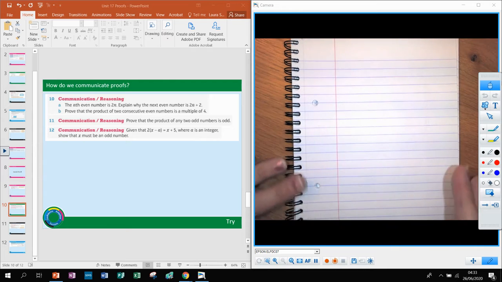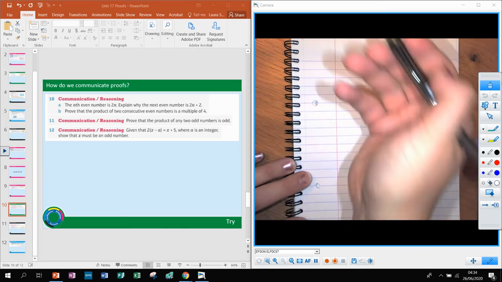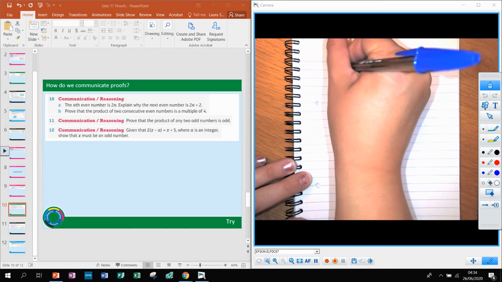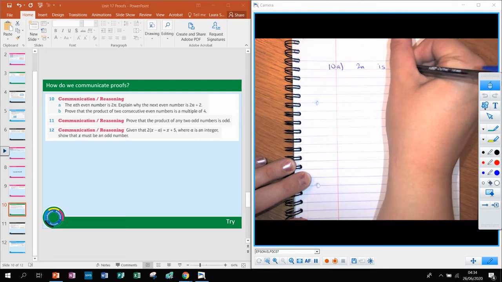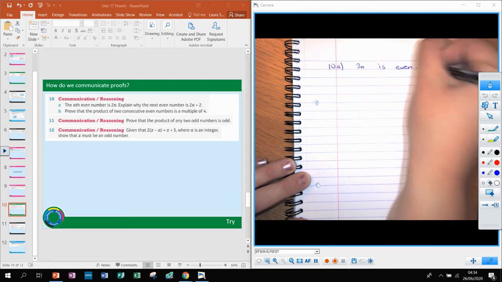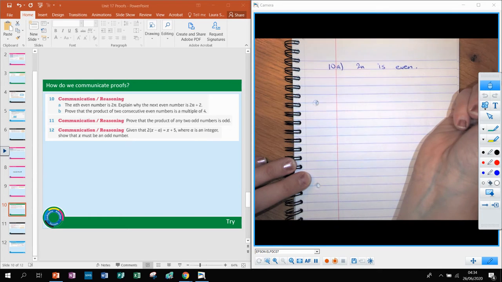Right, so we've got here the nth even number is 2n, which we know. Explain why the next even number is 2n plus 2. Okay, so 10a. So we know that 2n is even. And we should know that even numbers are divisible by 2.